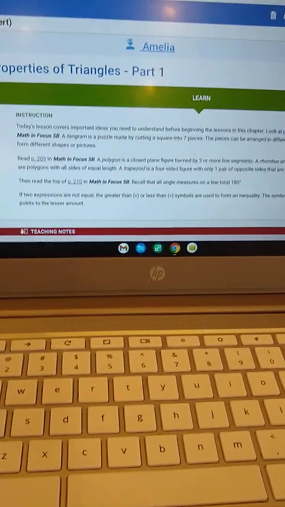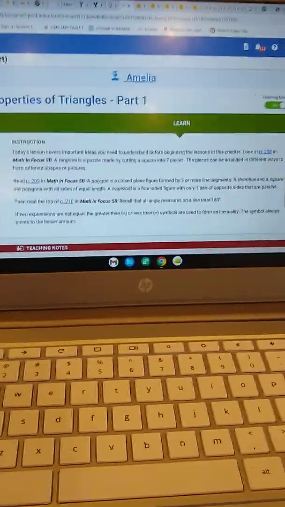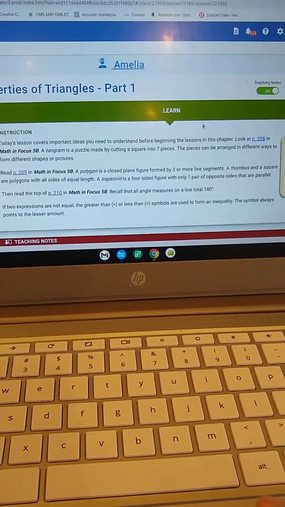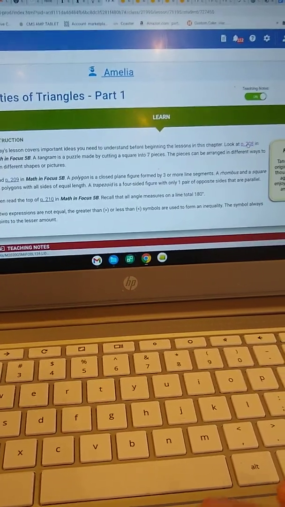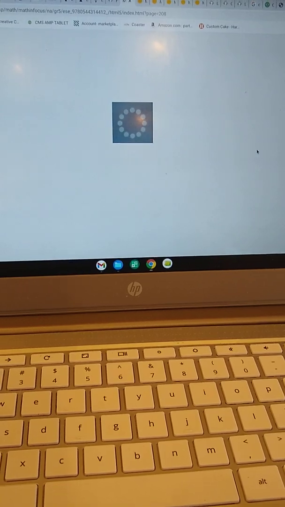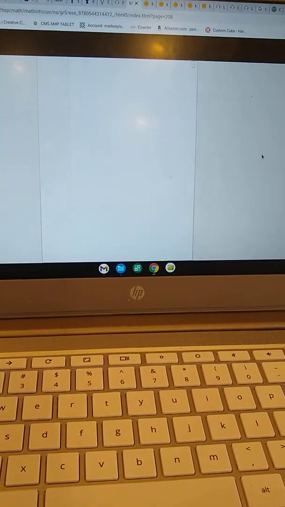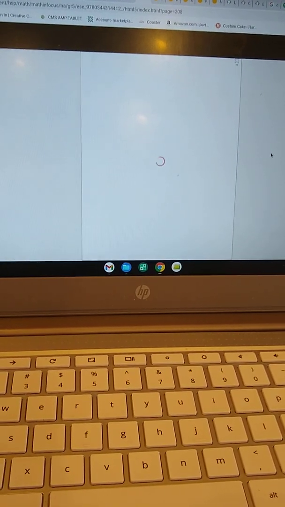So when we go into this lesson, it gets a little tricky, and I'll probably have to pause the video and have you go to the next video if I run out of time. Okay, so the first section that it has you go to is this page 208. It just shows you this little tangram puzzle. So we're going to pull that up and look through that.